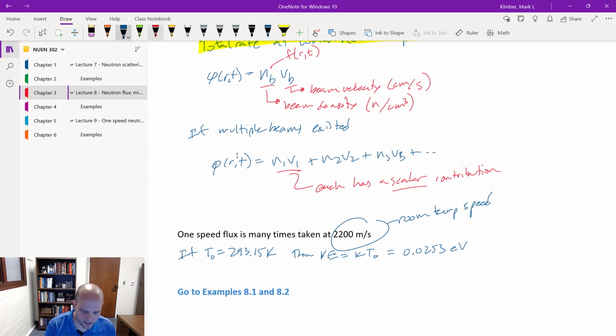And so when you see this in a table, then what we're assuming is that the neutron has been thermalized. The energy of that neutron has been brought down to a speed or to a kinetic energy that corresponds to a room temperature, basically. And so we're going to look up different data, and in today's lecture we'll focus on that energy level. Let's go do a couple of examples.